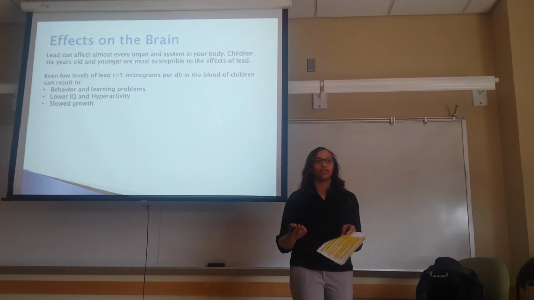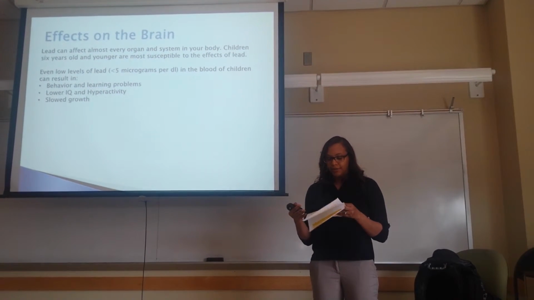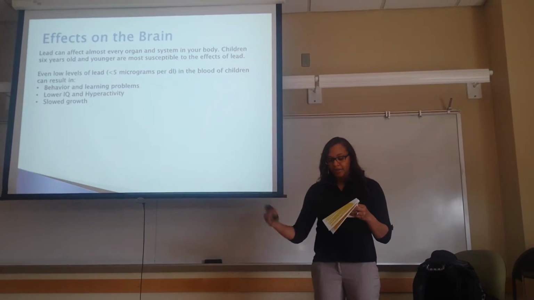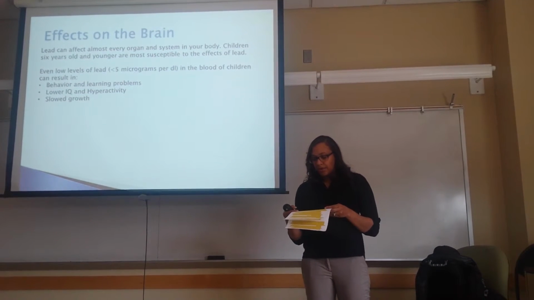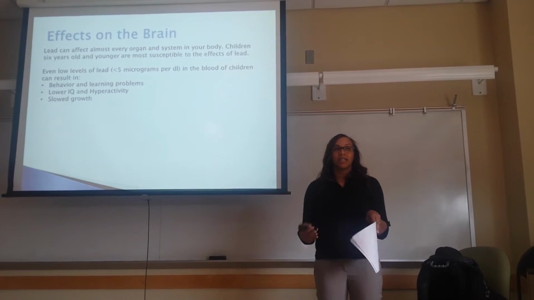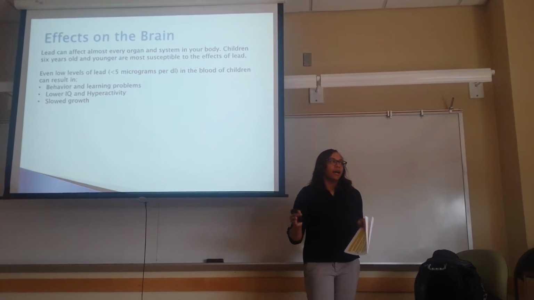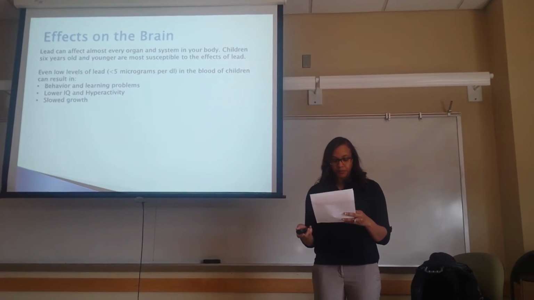Children's brains are rapidly growing between the ages of 0 and 6 years old, so because of this and their exposure to lead, it can cause them to have learning disabilities, behavior problems, and low IQ. The effects that happen because of lead poisoning are completely irreversible. Once lead starts affecting your brain, you can't reverse it at all.